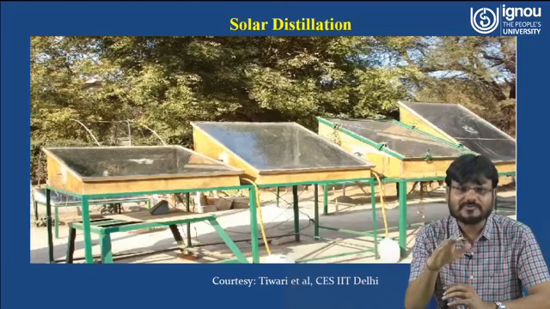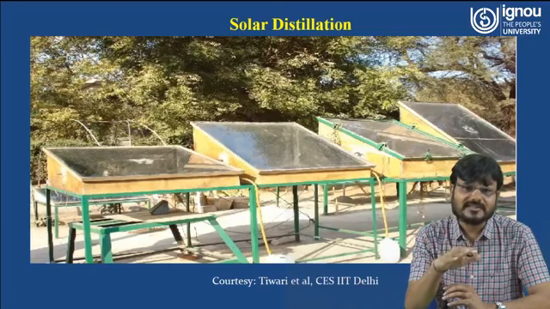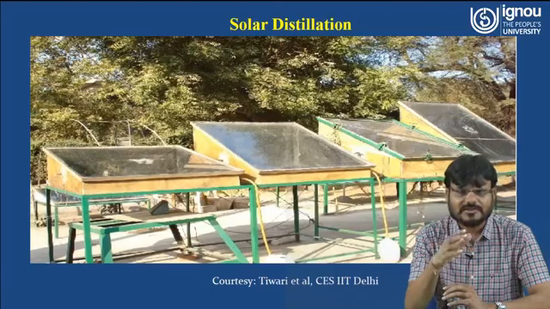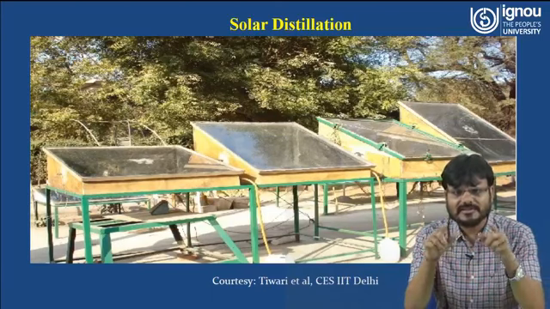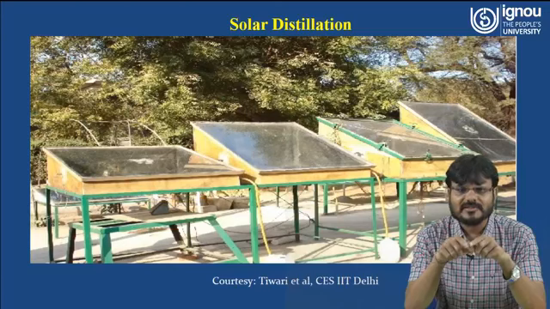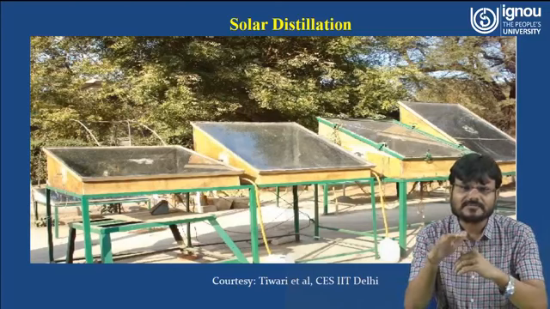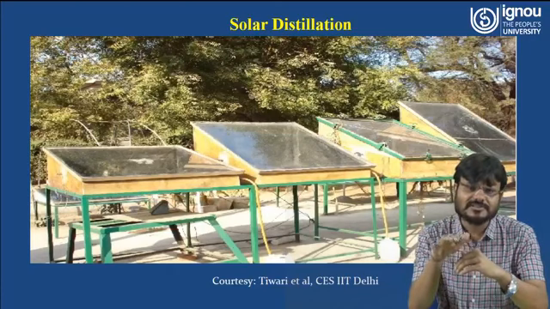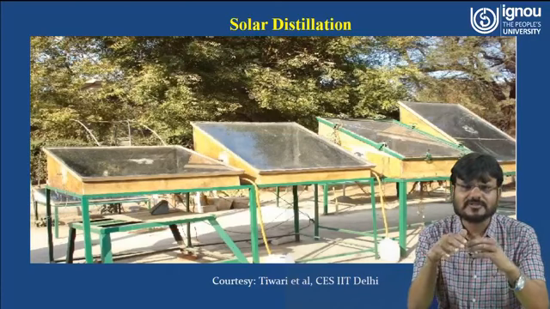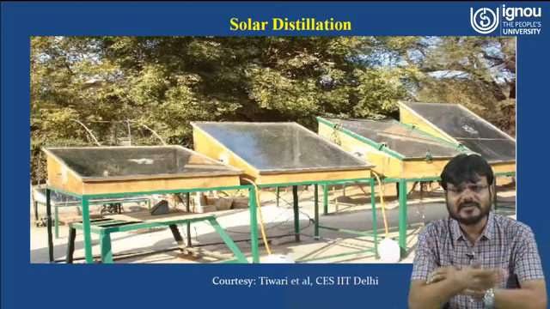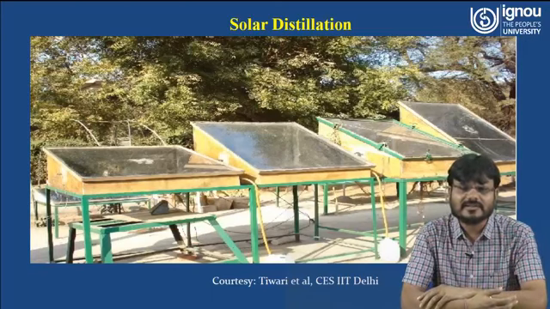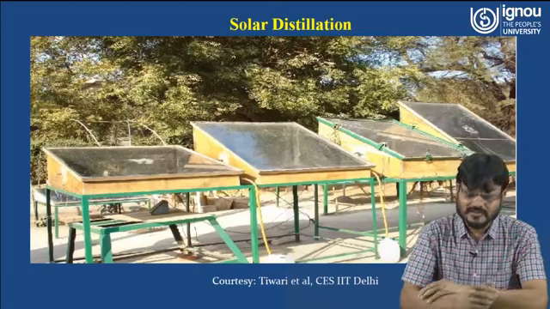So here it was observed what the effect on the yield of the solar still is if the angle is less. You can see the area of the collector is also changing, and the angle of the solar distillation is also changing. So this was done to see the effect of the angle and the effect of the glass.